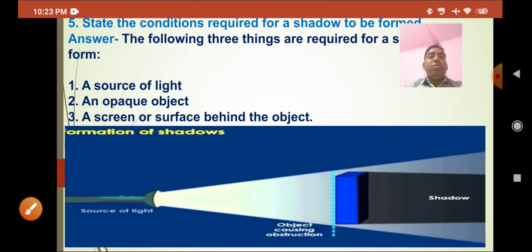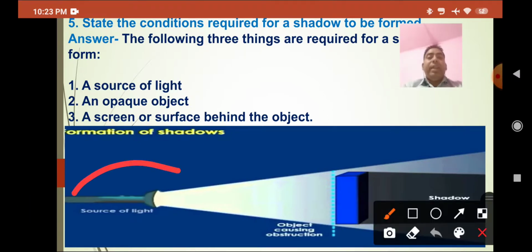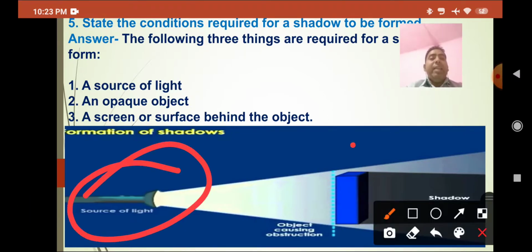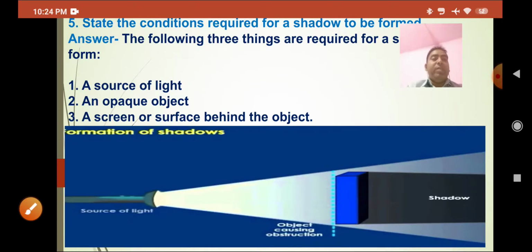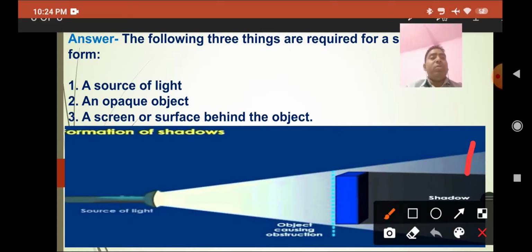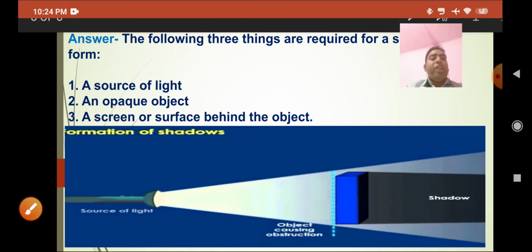Here is the source of light, this is an opaque object, and here the screen will be, on which the shadow of this object is formed.